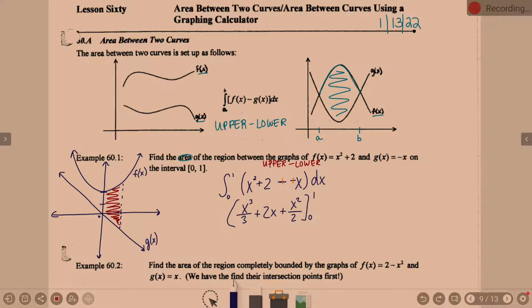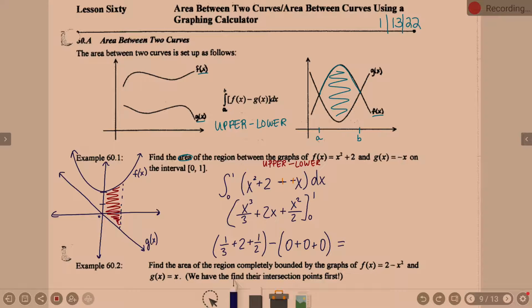Okay, when I put 1 in, 1/3 plus 2 plus 1/2 minus, when I put 0 in, 0 plus 0 plus 0.